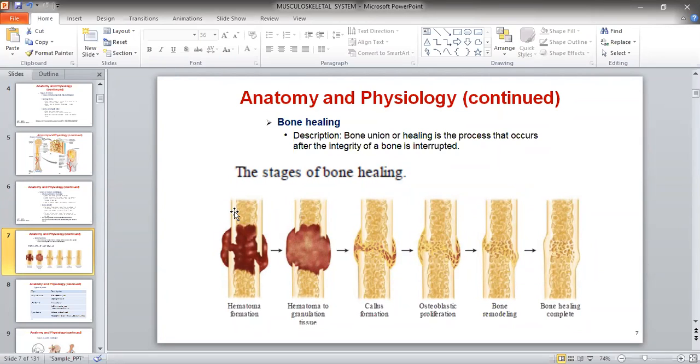If anybody's bones are broken, right, definitely we need bones healing. Okay, bones healing, I said. Bones healing means bones reunion or healing, the process that occurs after the integrity of a bone is interrupted.